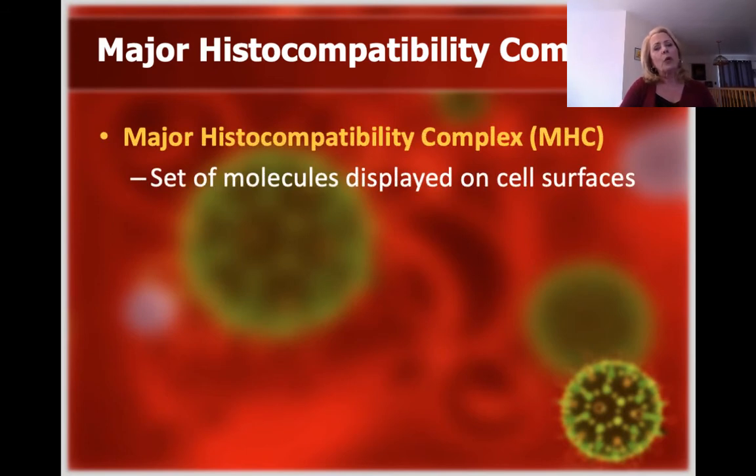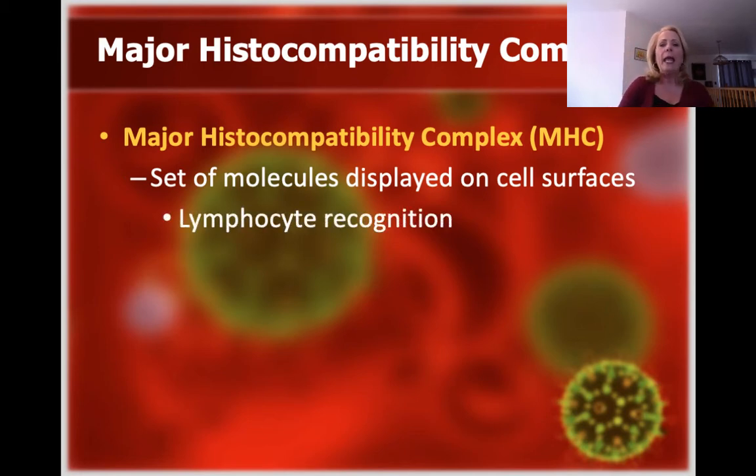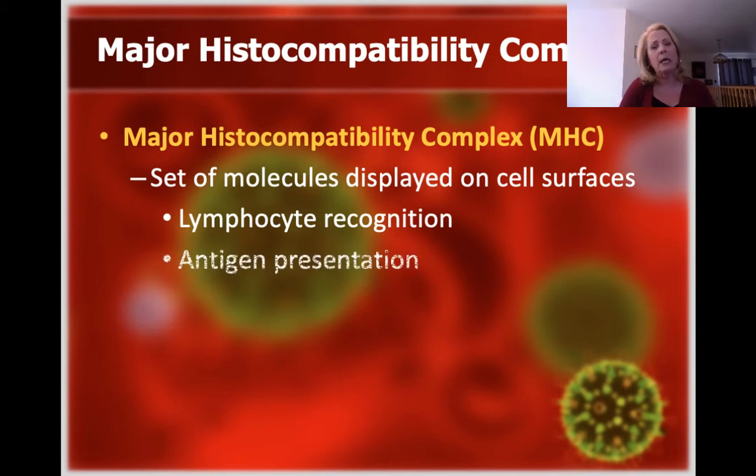Now, we're going to use that major histocompatibility complex to help us with that viral replication when it goes inside the cell. So your MHC is a group of proteins that are found on the outside of our cell or on the cell surface. And these proteins can be recognized by our lymphocytes, like cytotoxic T cells.